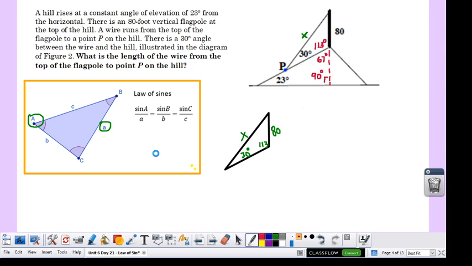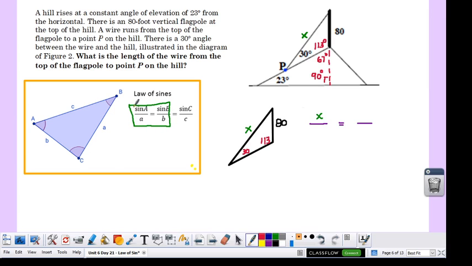When I try and solve this equation, the one thing that I do is set up an equation where we have just two of these pieces. So I'm going to flip both of those fractions and say a over sine of A is equal to b over sine of B. So in my triangle, I'm going to try and find the side length x.